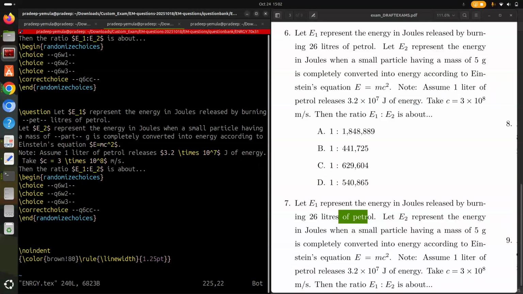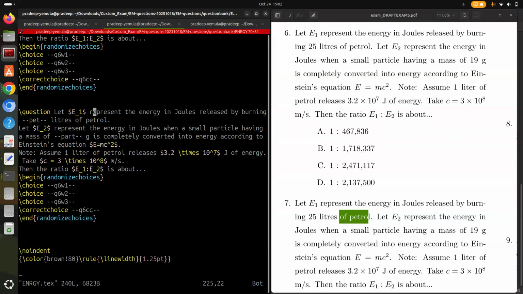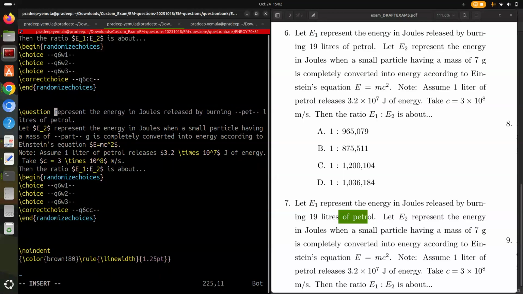I think we don't even have to introduce E1, E2 here. Let us consider the weight of a matchstick to be MW, matchstick weight, grams.